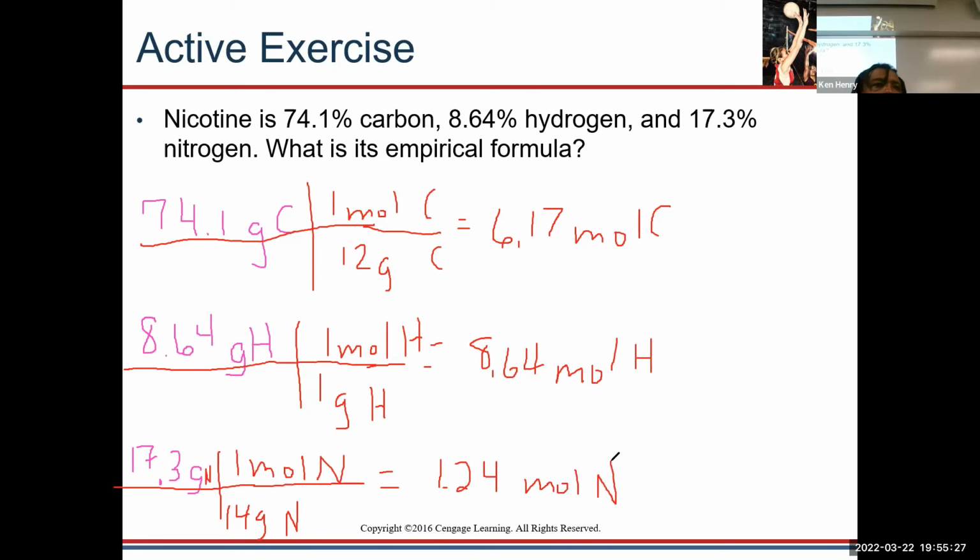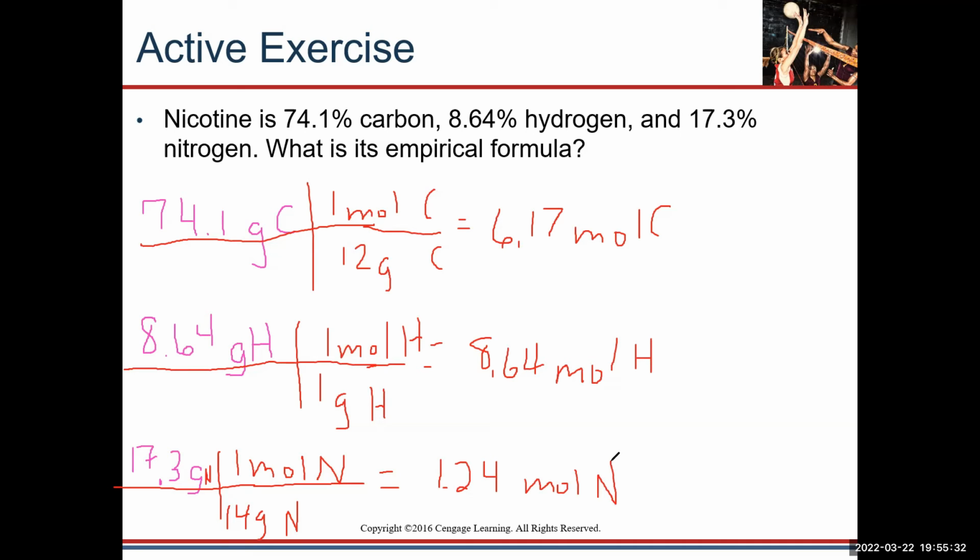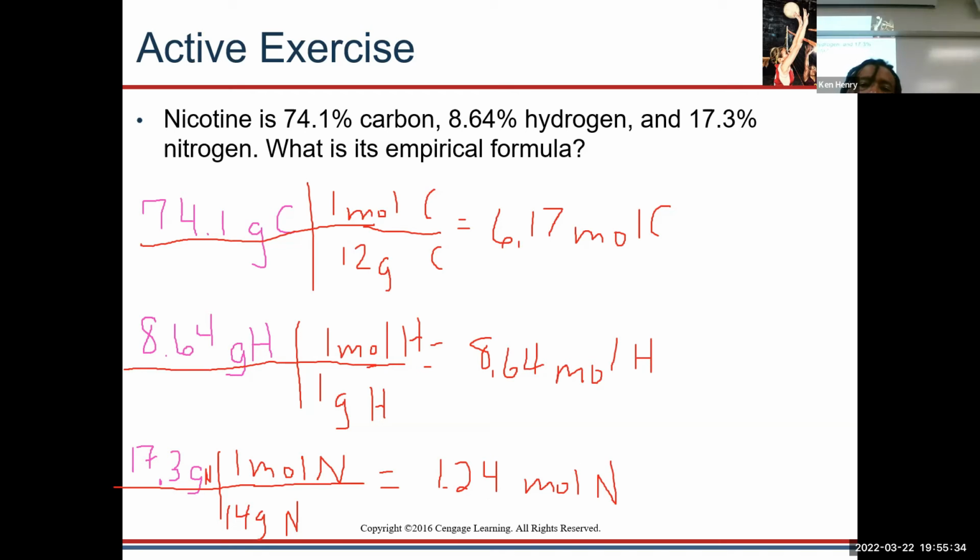Okay, so which one is the smallest? Nitrogen is the smallest. So we're going to divide everything by the number of moles of nitrogen.